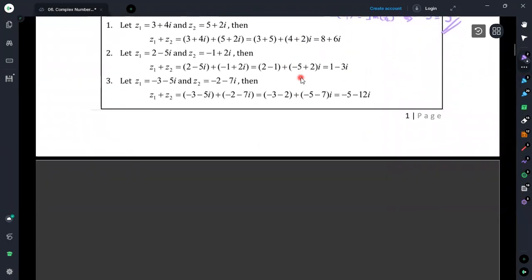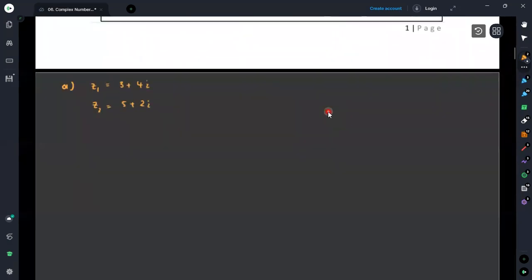As the first example, it is given that Z1 equals 3 plus 4i and Z2 is given as 5 plus 2i.